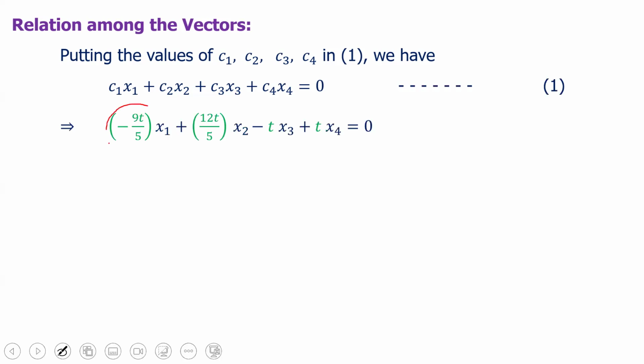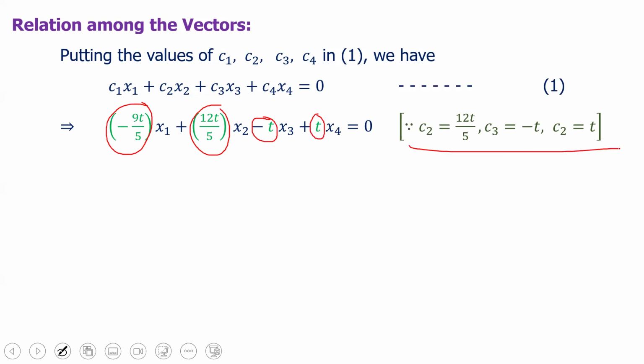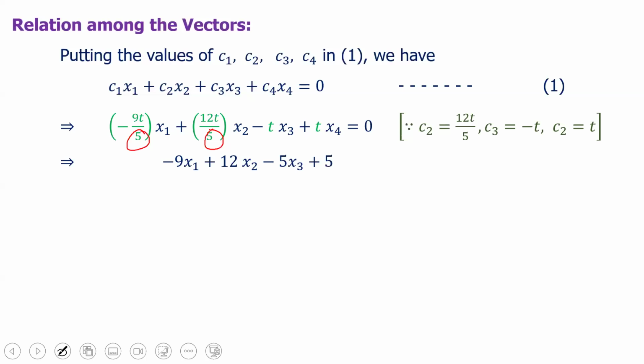Now C1 is equal to -9T upon 5, C2 is equal to 12T upon 5, C3 is equal to -T, and C4 is equal to T. If we multiply the whole equation by 5 upon T, then we get -9x1 plus 12x2 minus 5x3 plus 5x4.